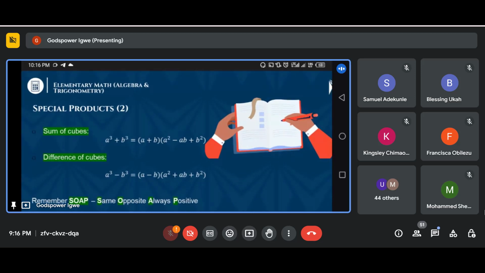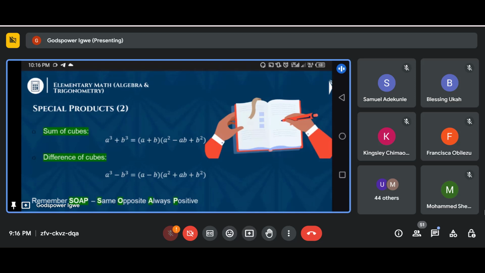When we have a cube plus b cube, you have a plus b, then you have a squared minus ab plus b squared. Then a cube minus b cube is a minus b, then the whole of the other side is going to be plus, plus. And they're saying remember: same, opposite, always positive.